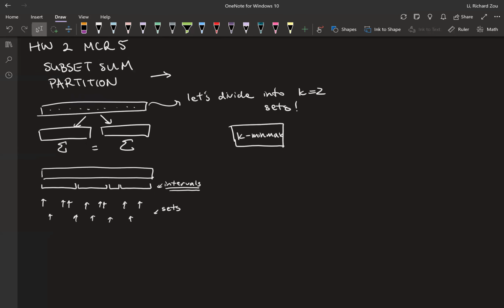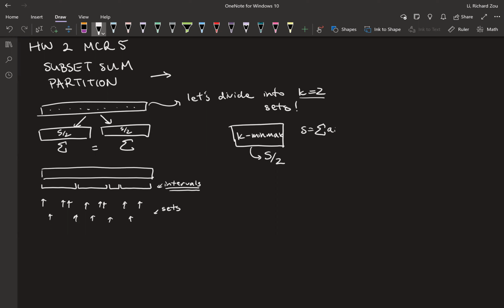But again, let's go back here. If we divide into k equals two sets, and this black box algorithm gives us exactly n over 2, sorry, sum over 2, where we take sum to be the sum of all numbers here, that means there's some way of dividing this into two sets such that one set has exactly s over 2 and the other set has exactly s over 2 as well.